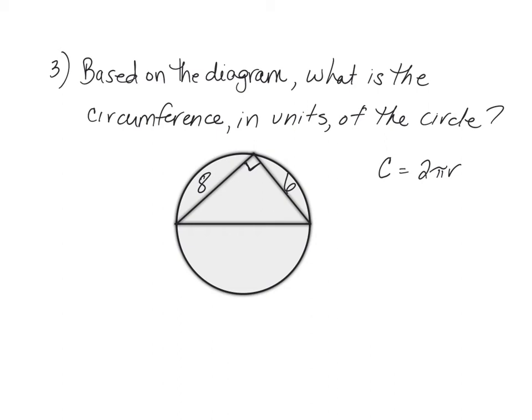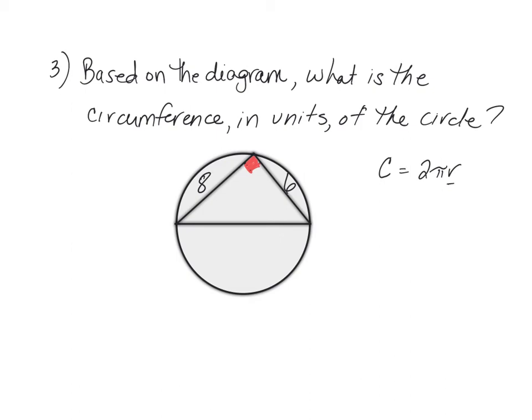So to calculate the circumference, I need to know what the radius is. Based on my diagram, the radius is not given. But what I do have is a right triangle. So remember, this little box tells me that I have a right triangle. And I have 2 sides of that right triangle, 6 and 8.